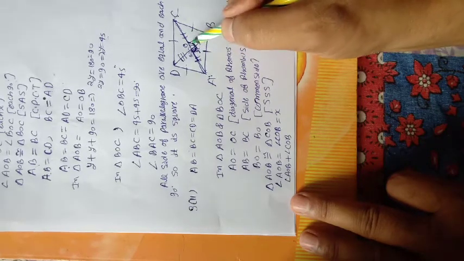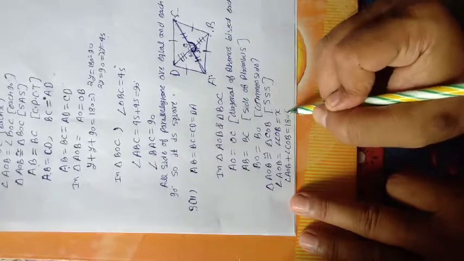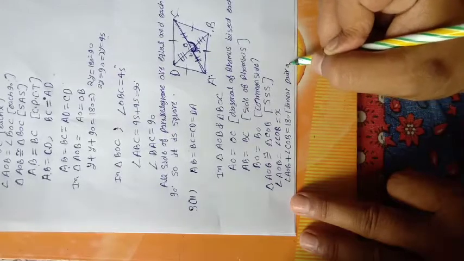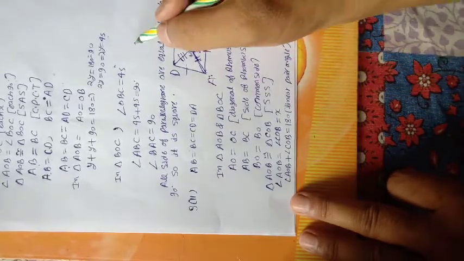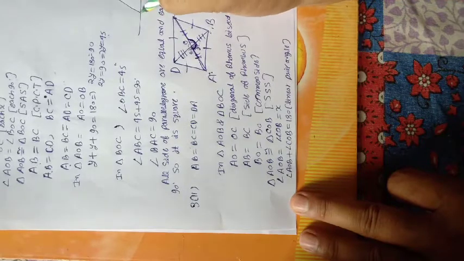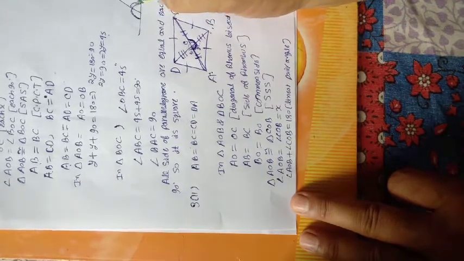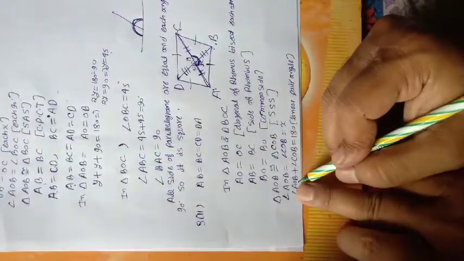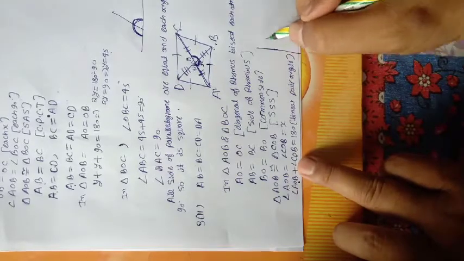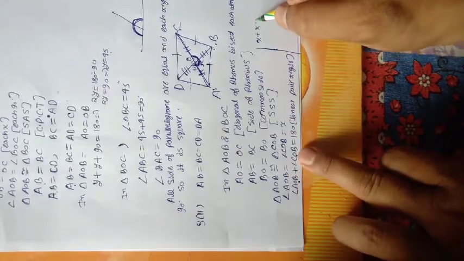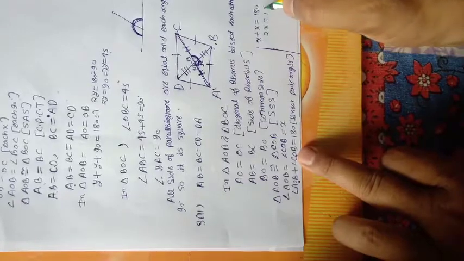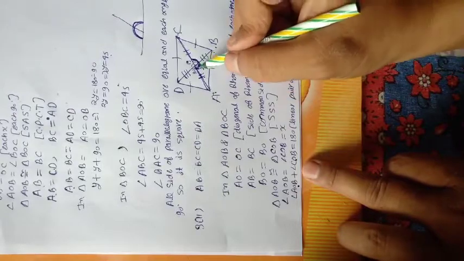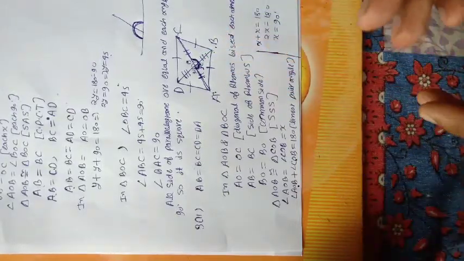AOB plus COB equals 180 degrees because of linear pair angles. एक ही लाइन पे दो एंगल उनका सम 180 डिग्री होता है, because suppose this is the linear angle, this angle plus this angle, their sum is 180, linear pair angle. Okay, now we know that this is x, this is also x, then x plus x equals 180 degrees, 2x equals 180 degrees, so x equals 180 upon 2, 90 degrees. This angle is 90 and we had to prove that.